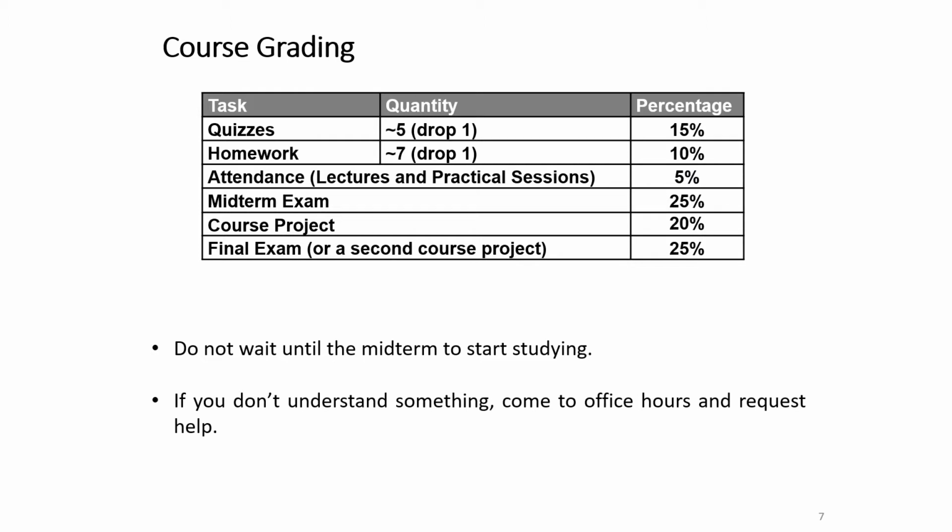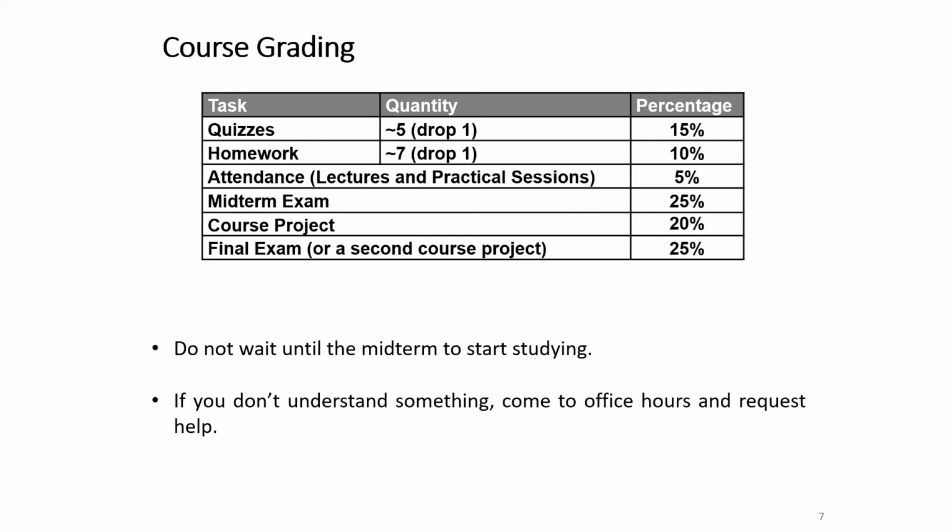Course grading. You could see a score breakdown of this course. Quizzes: I will have almost 5 quizzes and I will drop the lowest one. The weight of the quizzes will be 15%. Homeworks: almost 7 homeworks, and I will drop the lowest one. The weight will be 10%. Attendance will be 5%.